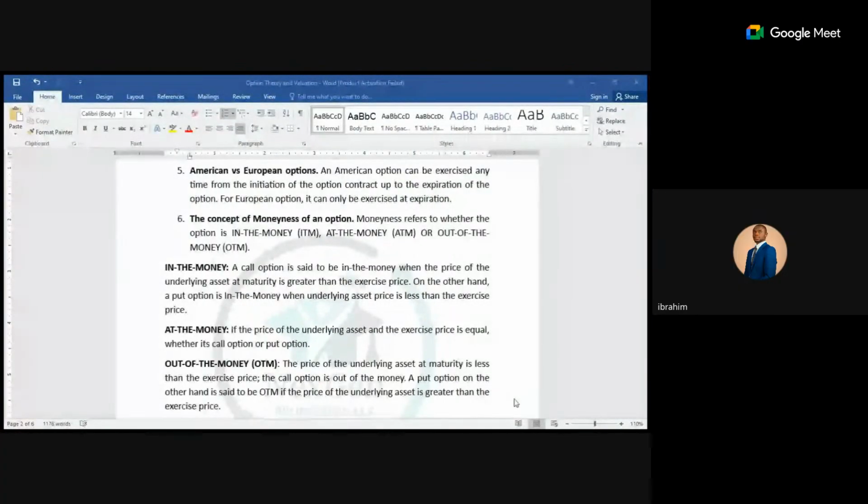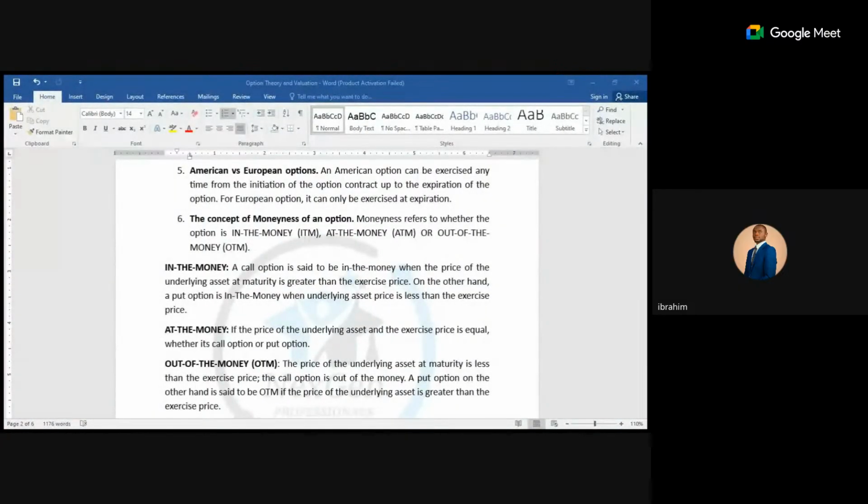You can't exercise your right before then, because there is a maturity; only at the end of this period can you exercise your right, whether you exercise it or not. So you cannot do anything within the contract period, unless at the expiration, that is the maturity.